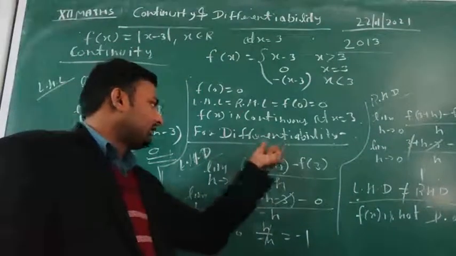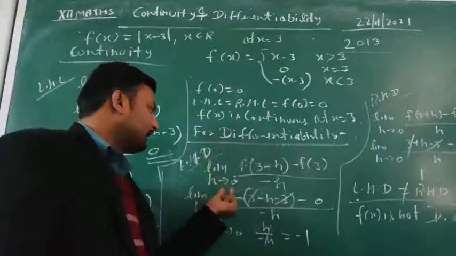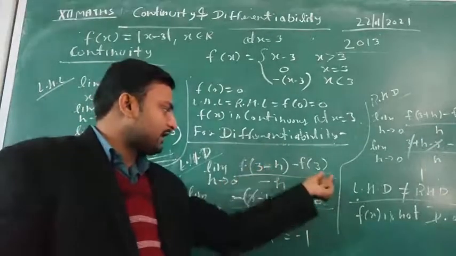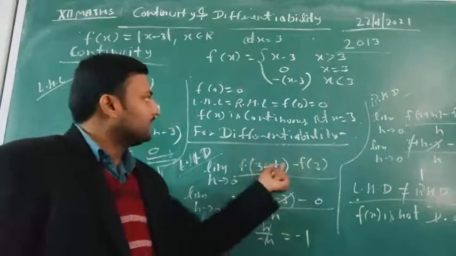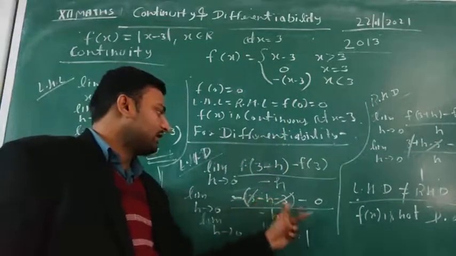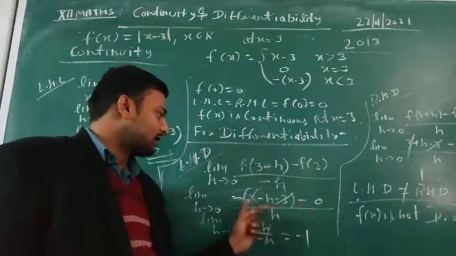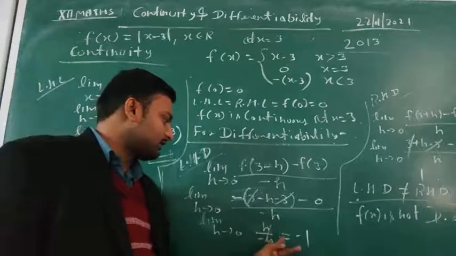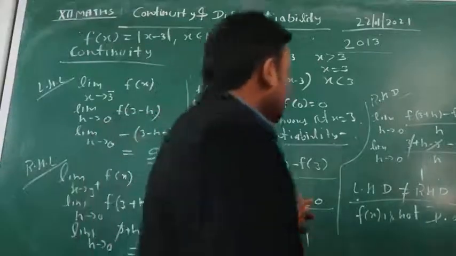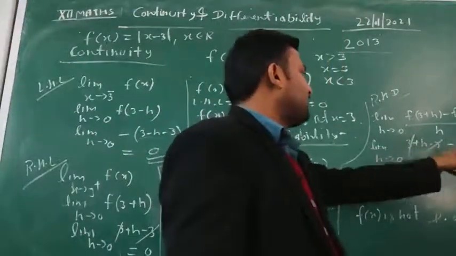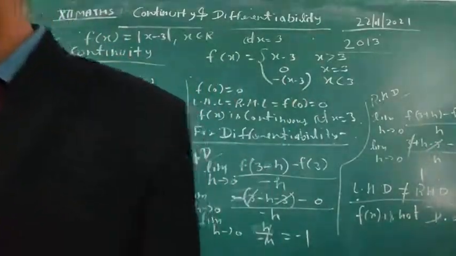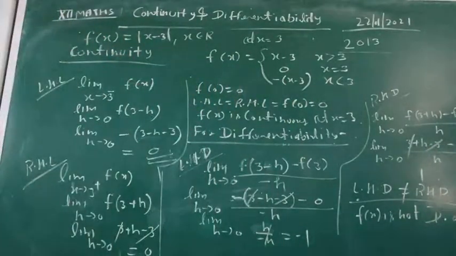Now student, for differentiability we find the left hand limit, which is limit h tends to 0, f(3 minus h) minus f(3) by minus h, and with the function, minus (3 minus h minus 3), this will be cancelled, so we will write plus h by minus h, so this is minus 1. And the right hand limit is, student, f(3 plus h) minus f(3) with 3 plus h minus 3 minus 0, this is cancelled, so from here we are getting 1.